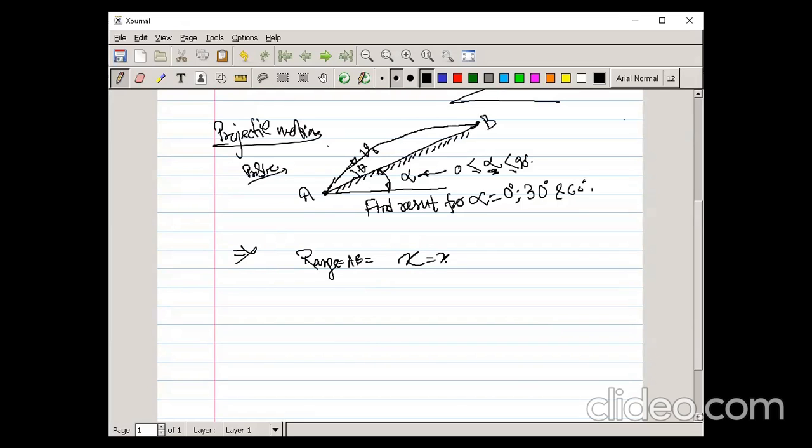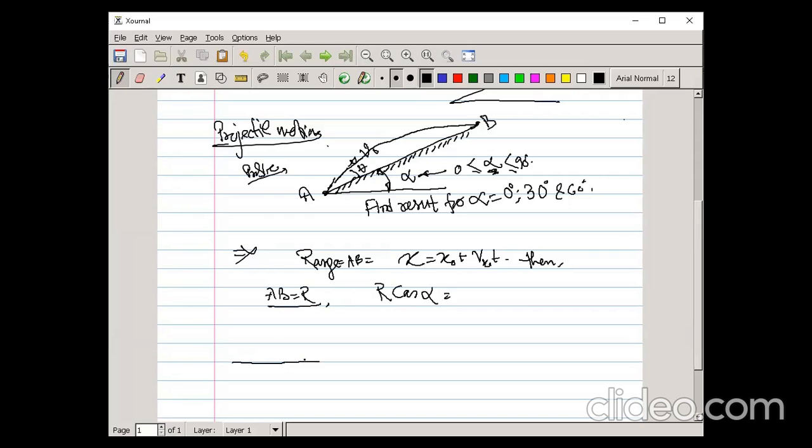We can write x is equal to initial displacement plus Vx0 into t, right? So x is the displacement. If we consider AB is equal to range R, then R cos alpha is this portion I am talking about.